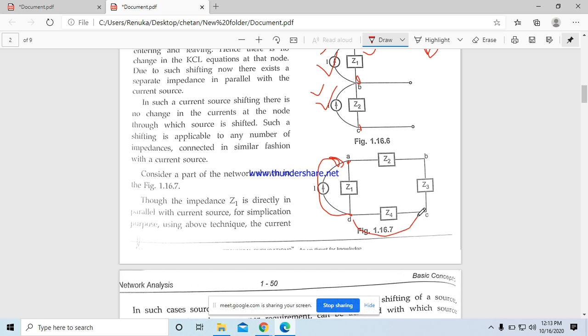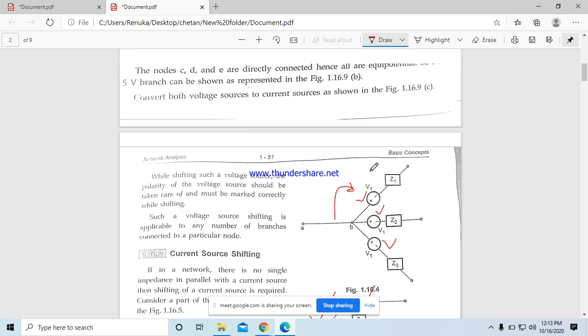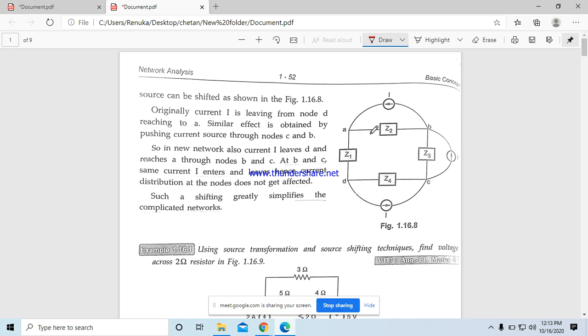Current moves from D to C, C to B, B to A. You can draw like this also. You can see the equivalent diagram like this. In the previous diagram, the current source was here. Instead of like this, you have drawn like this, meaning the same current you will get from D to A. There is no change at all if you draw like this also.